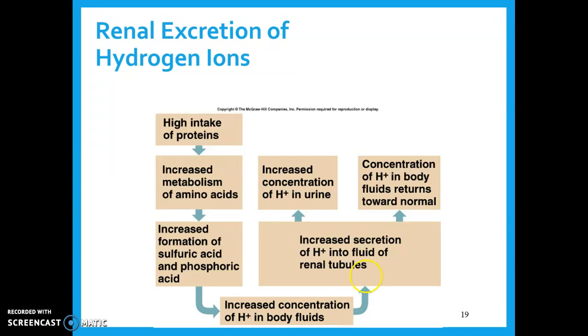So it says that we have an increased concentration of hydrogen ions in our urine. So this one is don't overthink it. You take in more proteins, that's going to give you more hydrogen ions, so you get rid of more hydrogen ions when you urinate. And when we do that, the concentration of hydrogen ions in body fluid returns towards normal. So we go back down to where it should be.